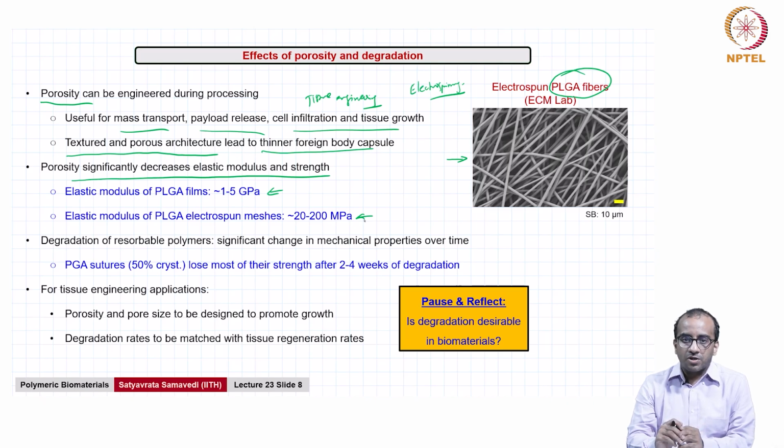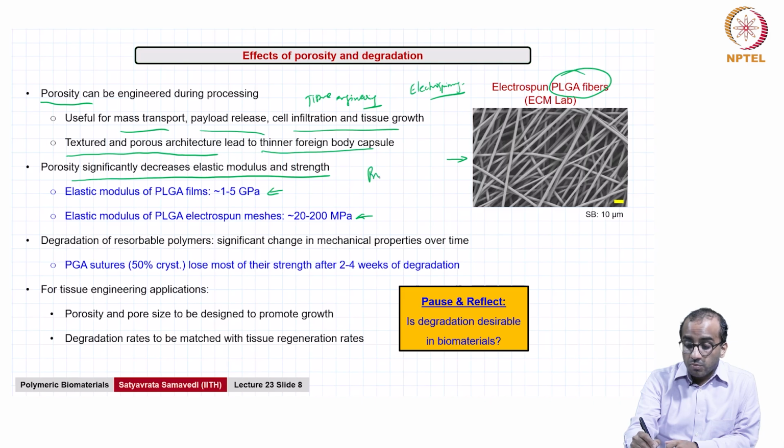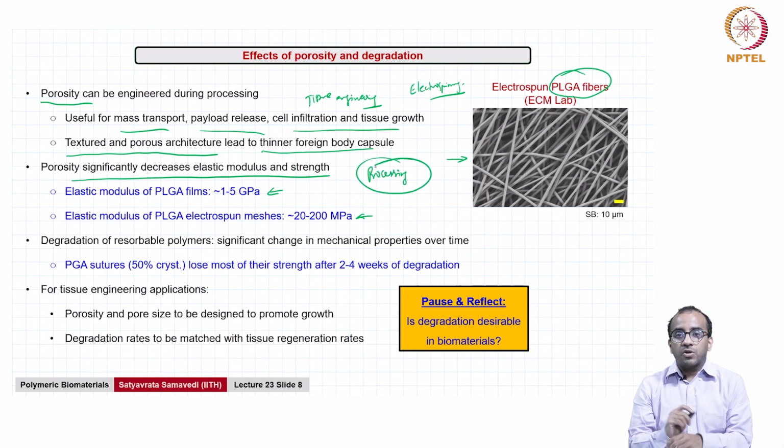Same material, chemistry has not changed, same molar mass, except now it has been processed. So, in addition to the effects of microstructure, temperature and strain rate, now we are looking at the effects of processing, because processing directly affects the architecture of the material and also the microstructure.